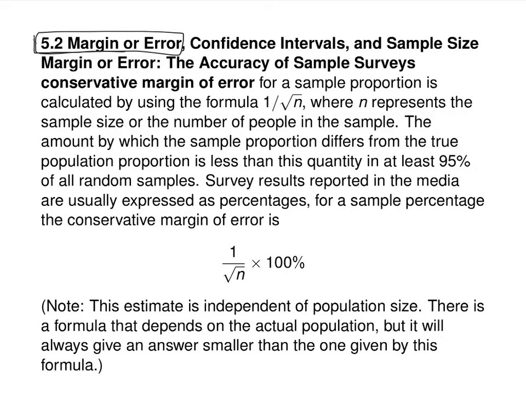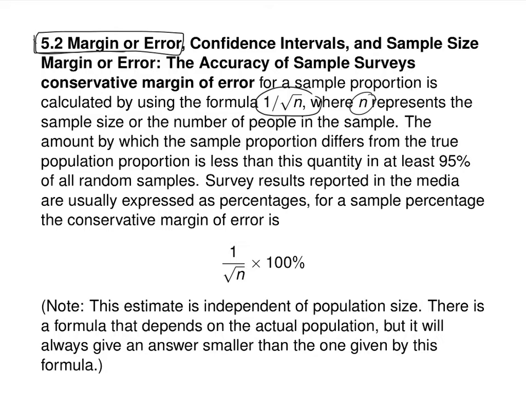And one way to get that margin of error estimate is to use this formula: 1 divided by the square root of n, where n is the sample size, right? And this is something called a 95% confidence interval. It's a rough estimate.